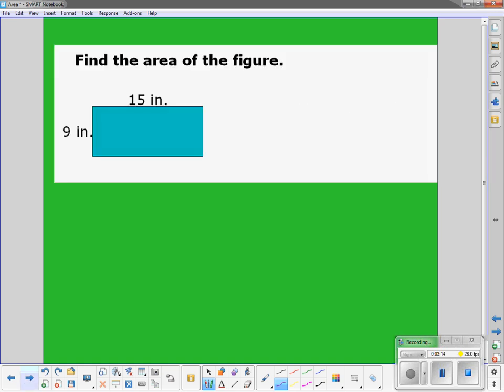Let's work through the area of this rectangle. Now we remember that area equals length times width for our rectangle. Length times width. So as I plug in the information that I know by looking at this rectangle, I realize that the long side is 15, so that will be my length.